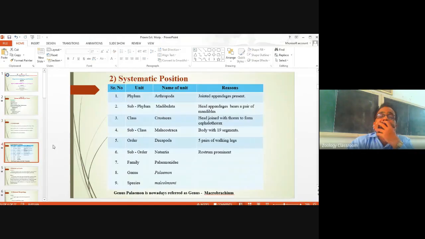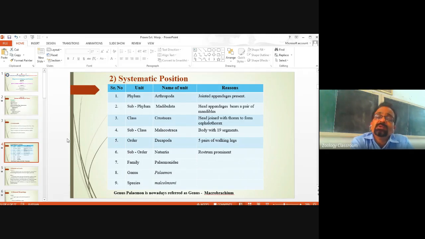Now, as usual, we are going to deal with this point. As I have mentioned, it belongs to phylum Arthropoda. Of course, jointed appendages are present. Now, subphylum Mandibulata. Head appendages bear a pair of mandibles. Now, you have studied the different mouth parts of cockroach last year, isn't it?